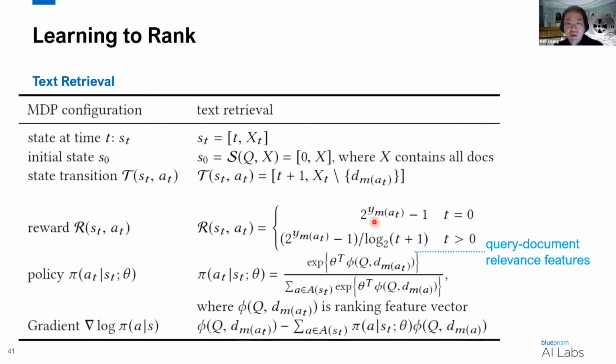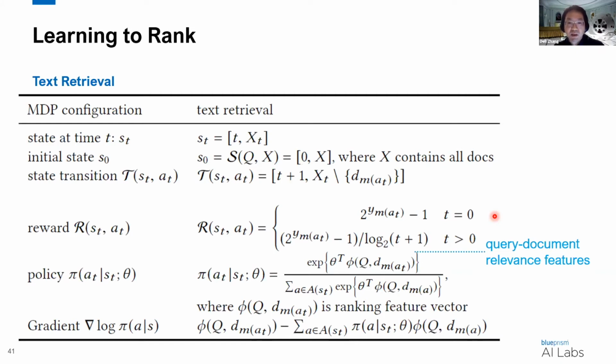The reward, as I've mentioned, would depend on the performance metric that you would like to optimize. For example, you could use the average precision for the purpose of optimizing the MAP score, or you could use DCG or alpha DCG.